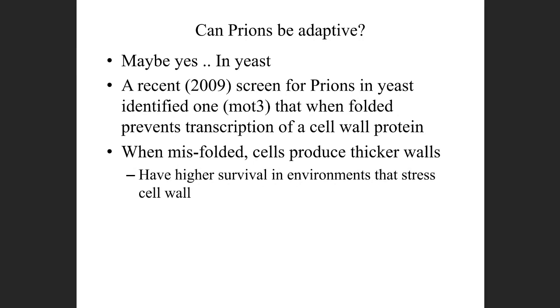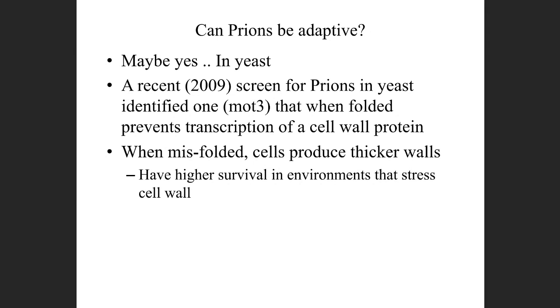So in the yeast example, one of the prions that was identified prevents transcription of a cell wall protein. When that protein is misfolded, then cells produce thicker cell walls.